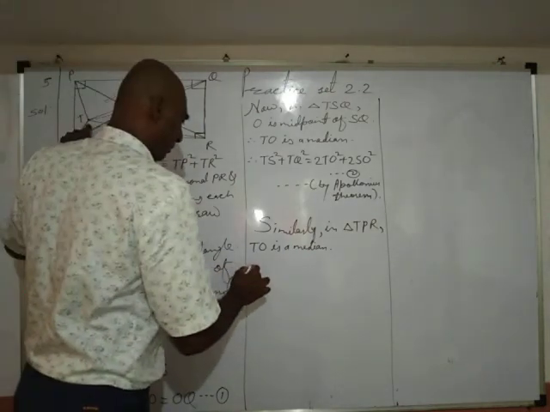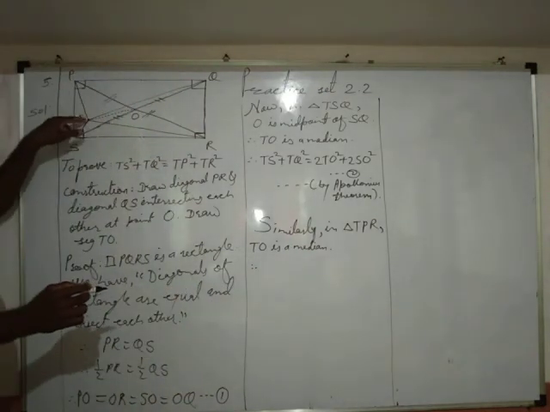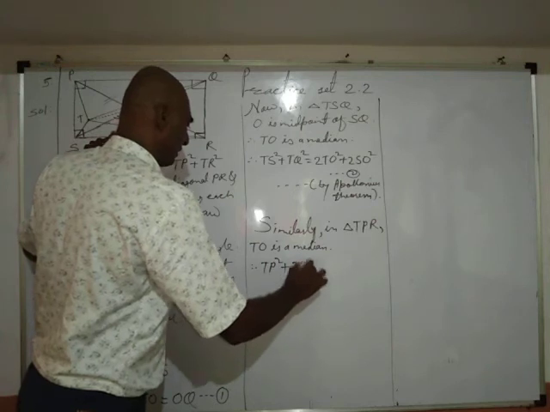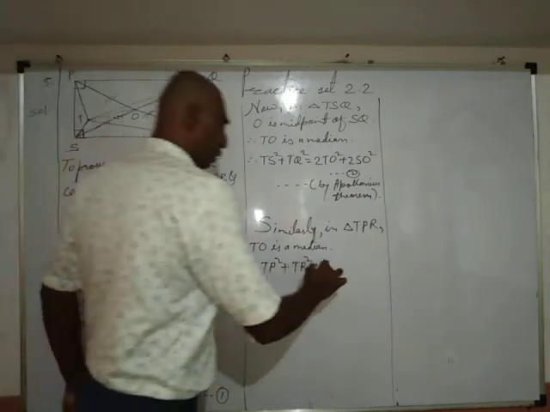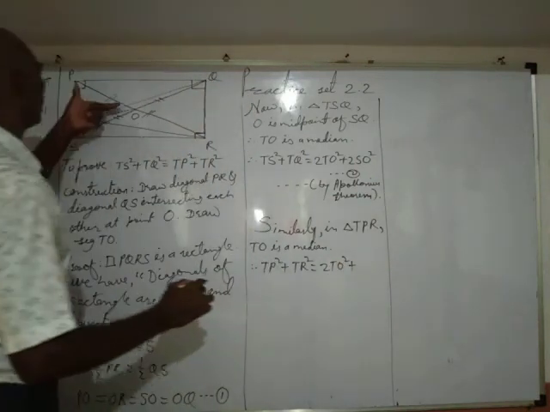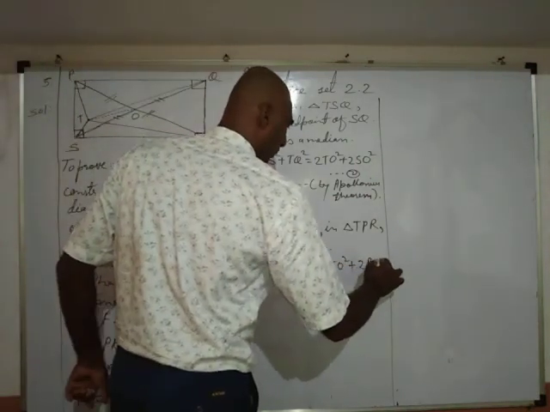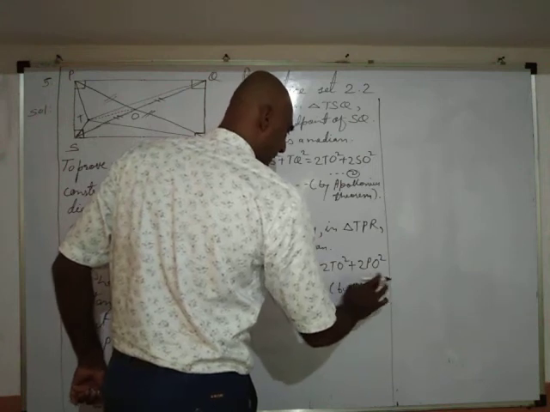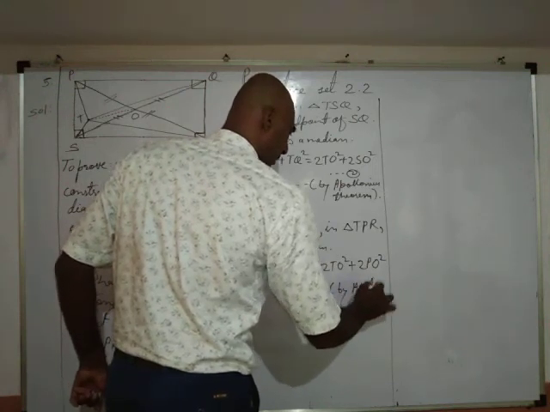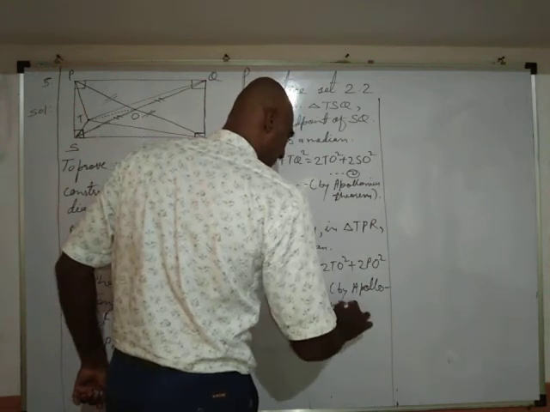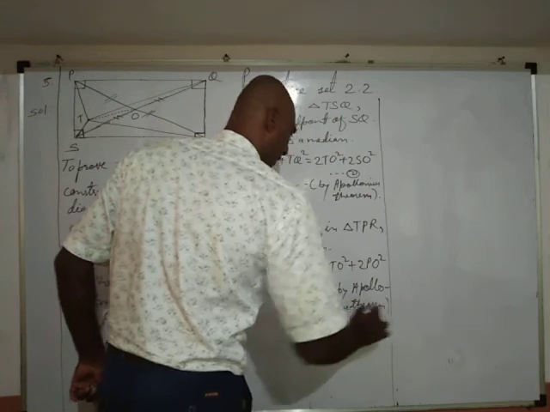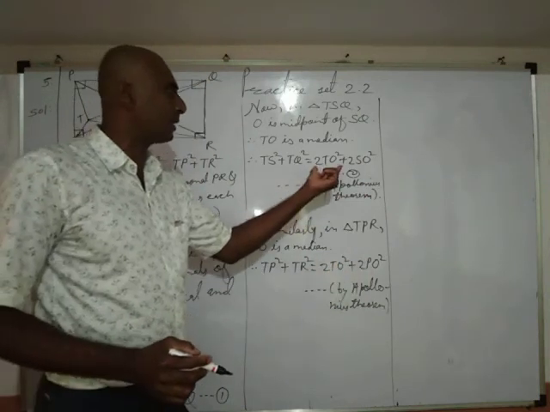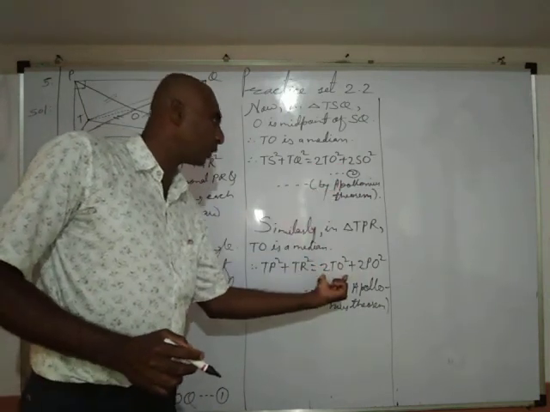And therefore we can write TP square plus TR square equals 2TO square plus 2PO square, by Apollonius theorem.